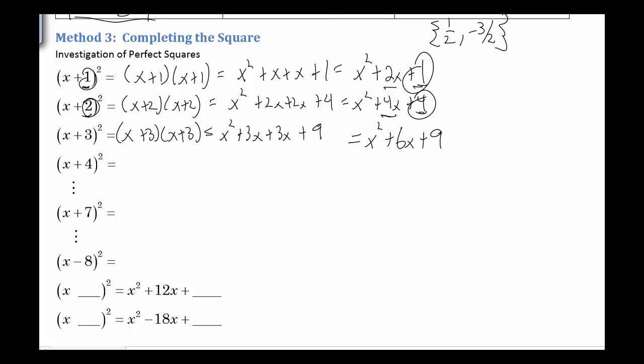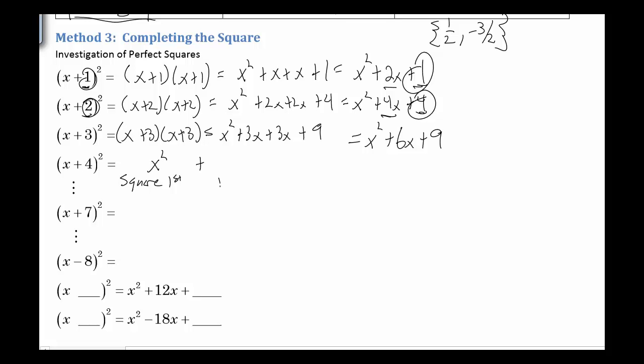Okay, so at this point, we've got a very powerful shortcut, very interesting observation. I don't have to expand it out and multiply term by term. I can jump straight to the end. Okay, because the pattern happens to be that I want to square the first term. So that's that x squared.